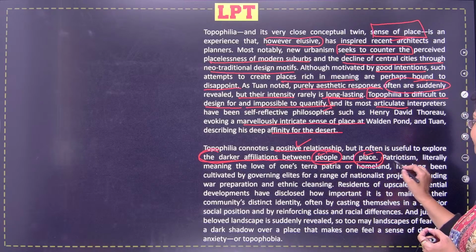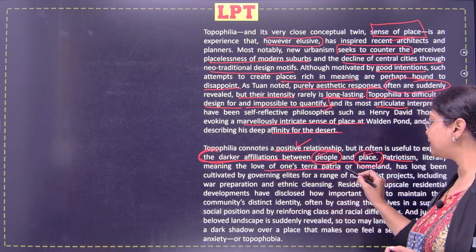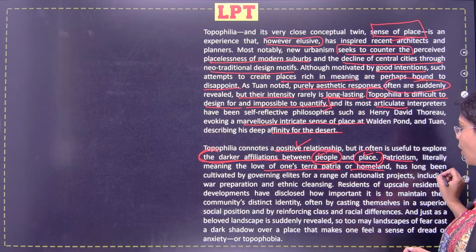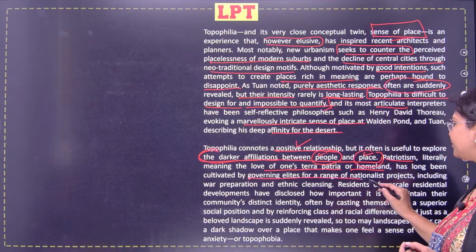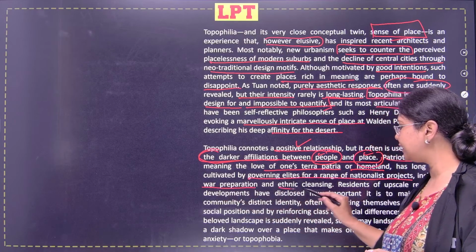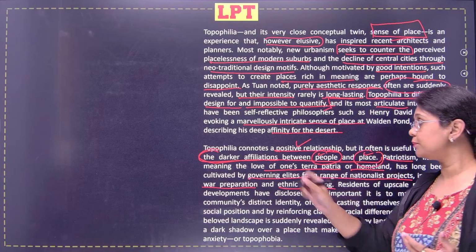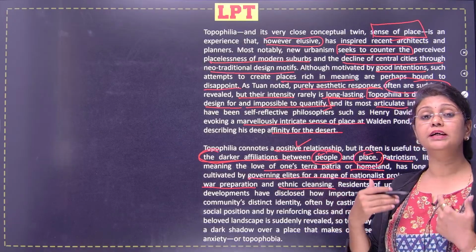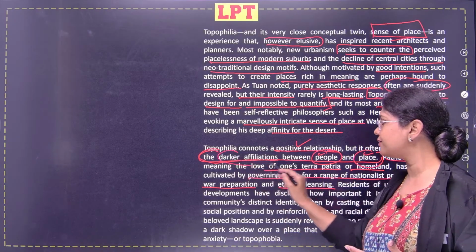It says patriotism, literally meaning the love of one's terra patria or homeland, has long been cultivated by governing elites for a range of nationalist projects, including war preparation and ethnic cleansing. So this is where the positive relationship of topophilia was talked about in the initial part of this paragraph, but then it talks about the darker affiliations.